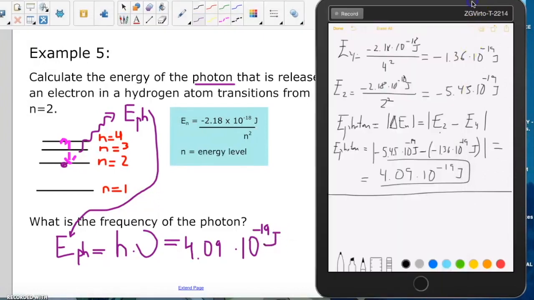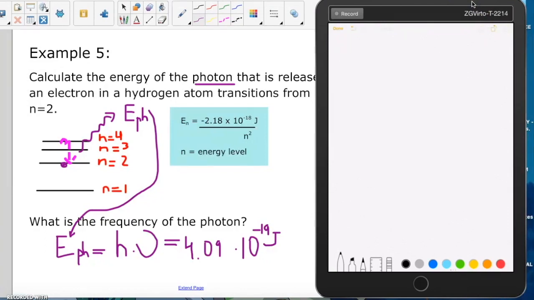I'm going to go back here and erase this, and start from there. So remember, the energy of the photon that we just calculated was 4.09 times 10 to the minus 19 joules. But we also know that the energy of a photon can be calculated with Planck's constant and the frequency. So we're going to plug in these numbers over here, and then we're going to solve for the frequency.